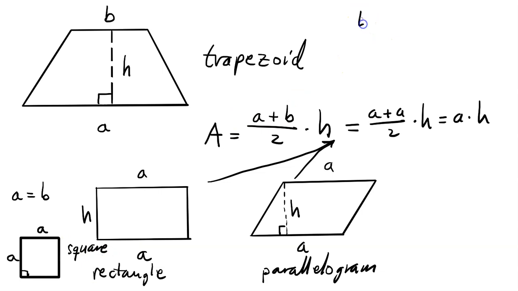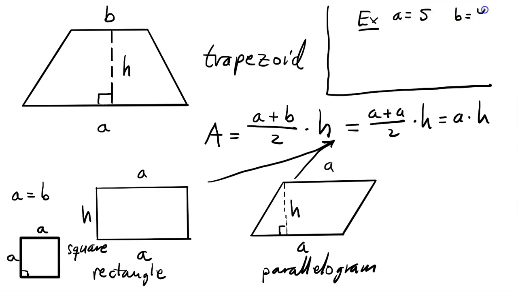Let's just take a short example. Let's say we want to find out what the area of this one is if A is equal to 5 and B is equal to 4. Then the area is (5 plus 4) divided by 2 times the height.